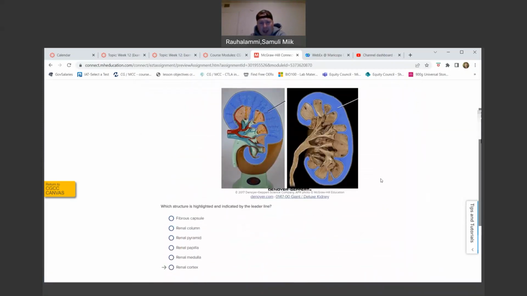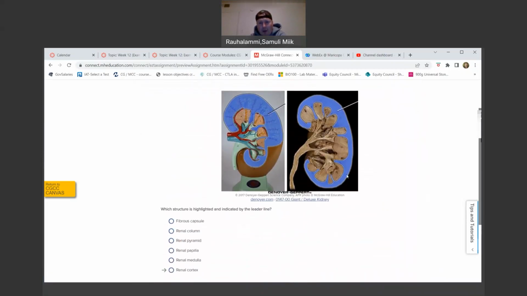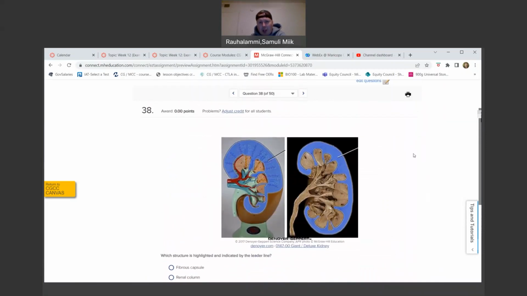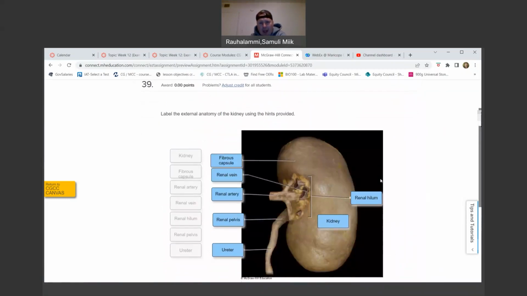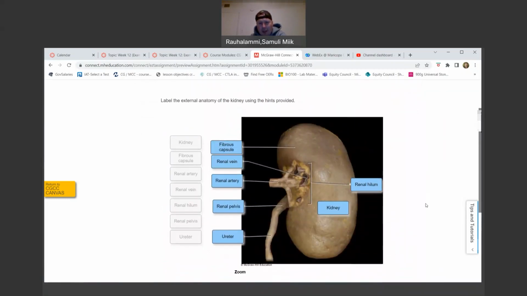Let's keep looking. Here we're simply seeing the renal cortex having been highlighted, so the outermost portion of the kidney. Let's keep going on and have a look at the external anatomy of the kidney. You'll notice how the kidney has this fibrous capsule around it, giving it this shiny appearance. We're also seeing the renal artery and renal vein entering the kidney.